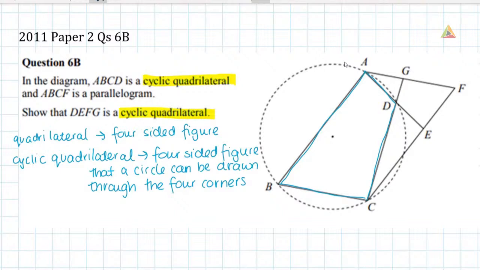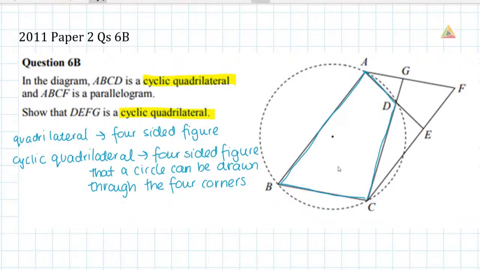I can see that this dashed line that they've drawn in here goes through the point A, through the point B, through the point C, through the point D, and back to the point A. So we're able to draw a circle through the four corners or the four vertices of this quadrilateral, and that makes this a cyclic quadrilateral.